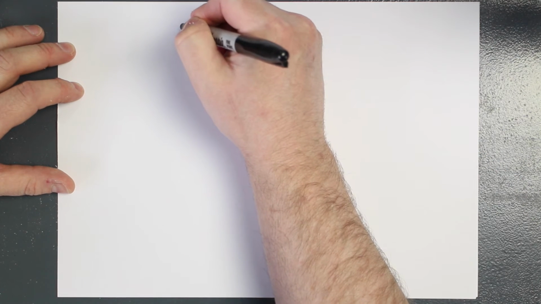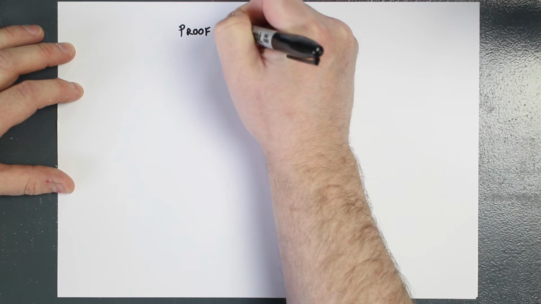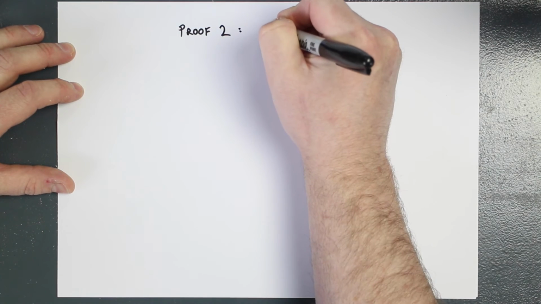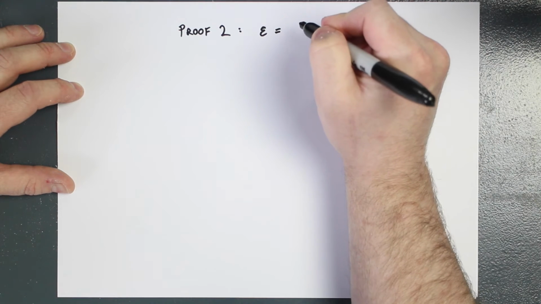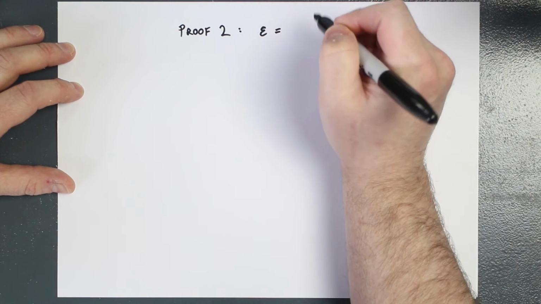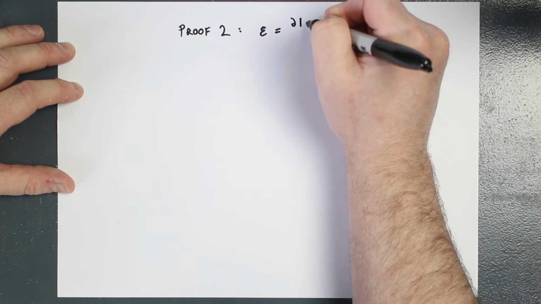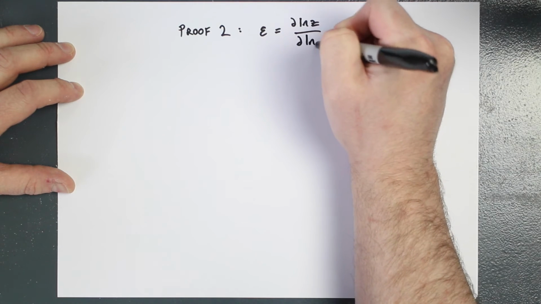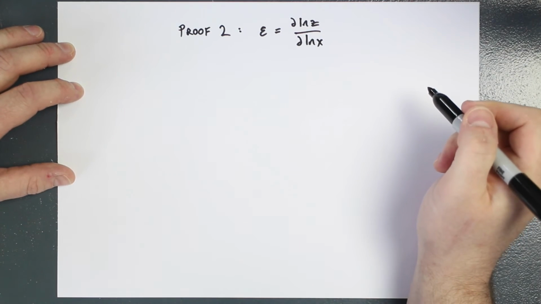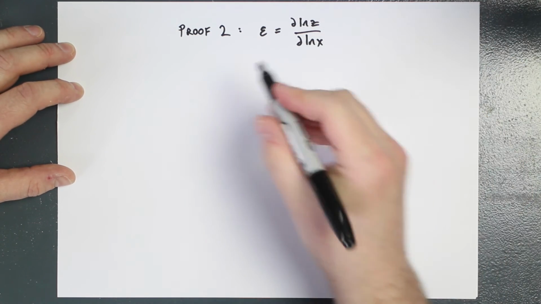Okay, so now we will do, let's call this proof 2. And remember, what we're proving is that the elasticity of z with respect to x, the point elasticity of z with respect to x, is simply the partial derivative of the log of z with respect to the log of x. So now I'm going to do what we call a change of variable.